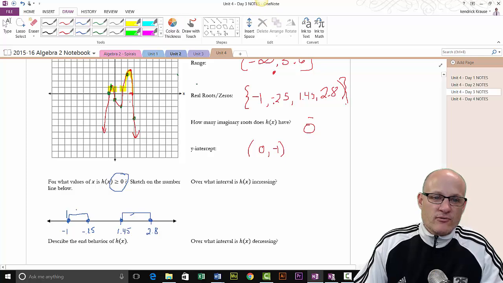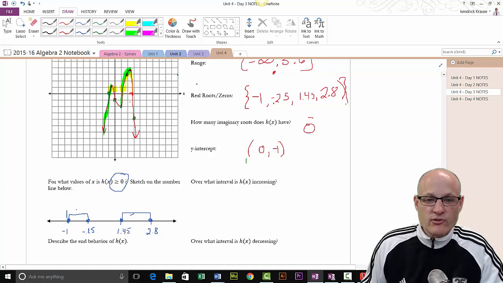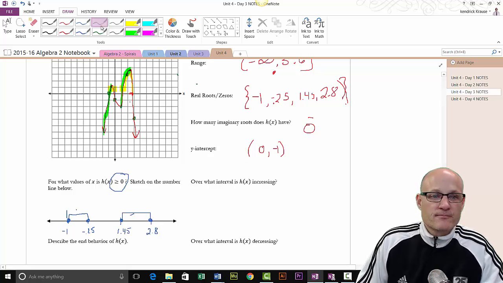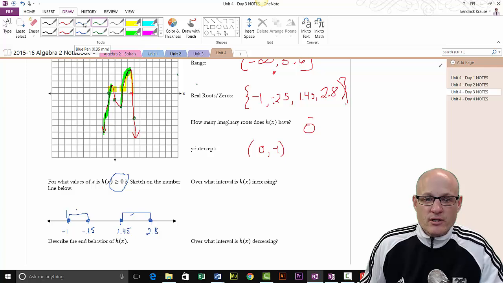It's increasing from this whole area here and this whole area here. That green stuff is where it's increasing. So if I'm coming down here and I want to pick where it's increasing from negative infinity all the way up to that relative maximum, which I don't remember what it was. Do I remember what that was?